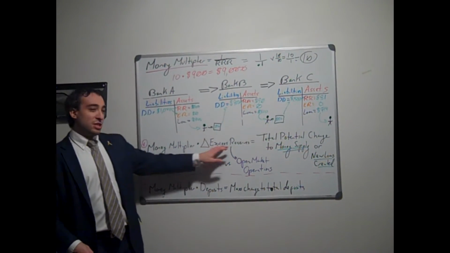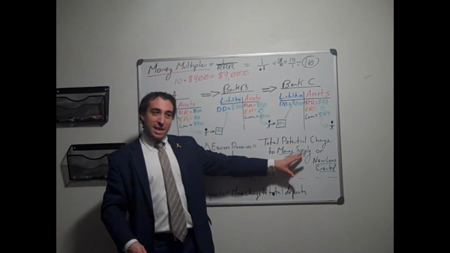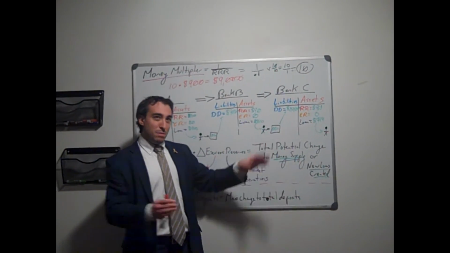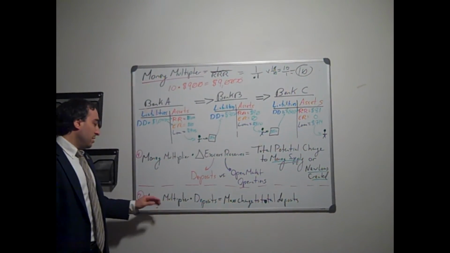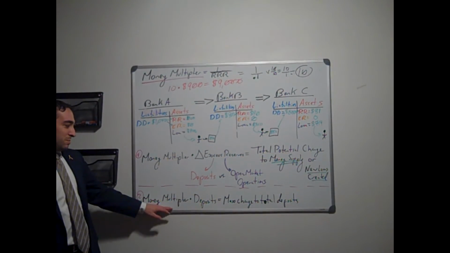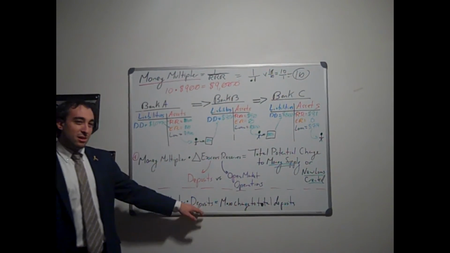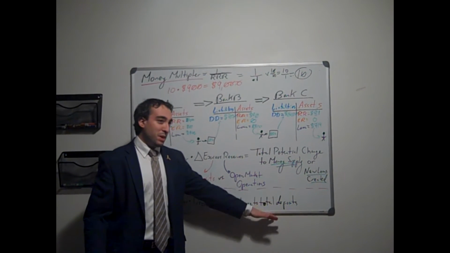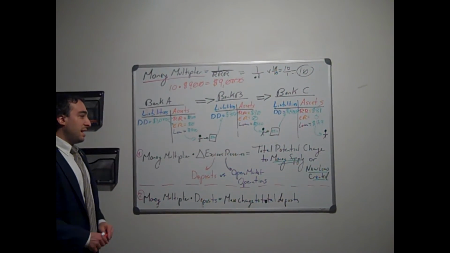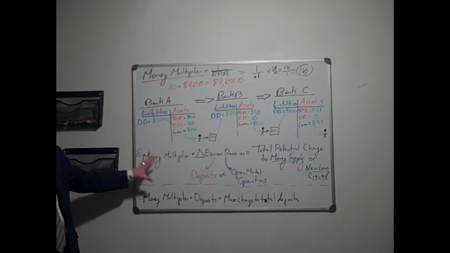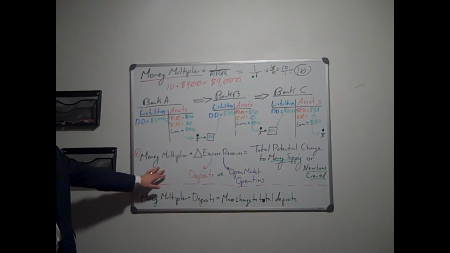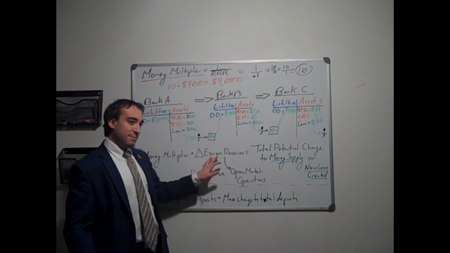Whereas the first part, just the excess reserves, accounts for that money being separated. So in this case, the money multiplier, 10 times $1,000, the total change in deposits would be $10,000.